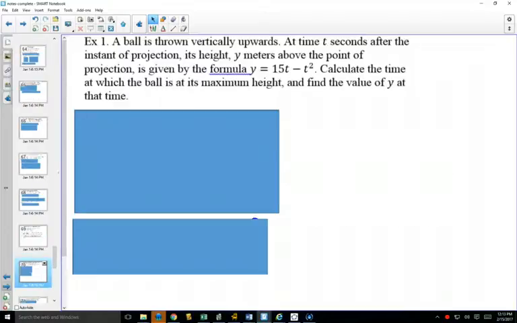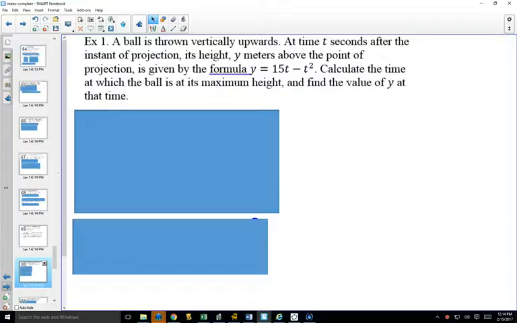So here's a first example. This one, the equation's given to you, so no sketch is going to be needed. A ball is thrown vertically upwards at time t seconds after the initial projection. Its height is given by that formula. According to this formula, if you would do the second derivative of this formula, you would get -2.